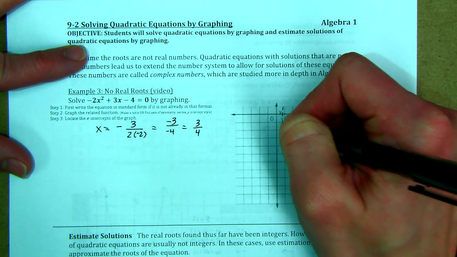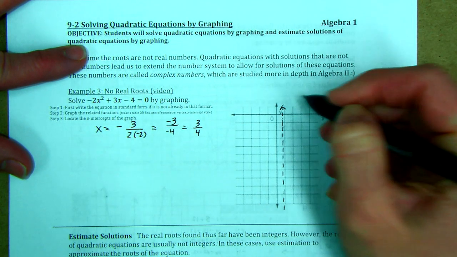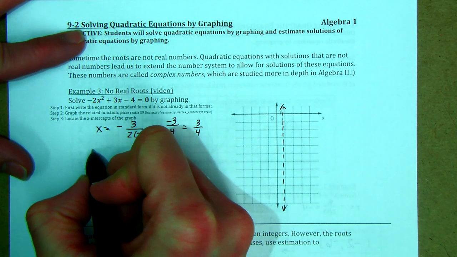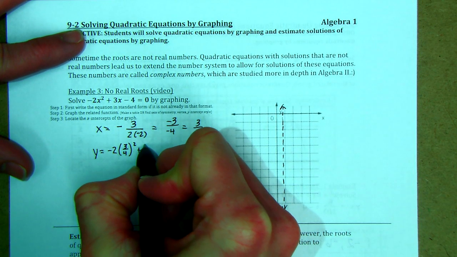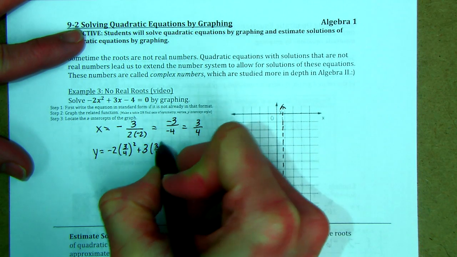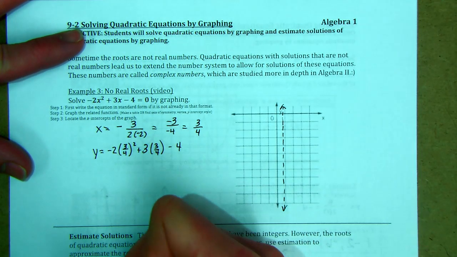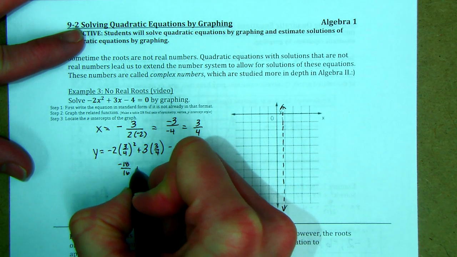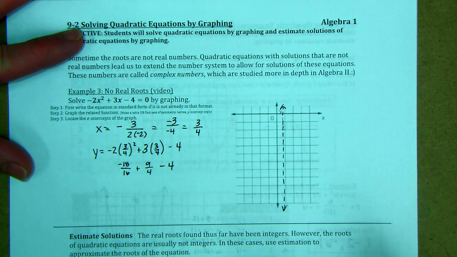Let's find my vertex by plugging in 3/4. So I have y equals negative 2 times 3/4 squared plus 3 times 3/4 minus 4. Well, this is going to be negative 2 times 9/16, so negative 18/16 plus 9/4 minus 4, and I know that makes a lot of you uncomfortable, but this is going to reduce to negative 9/8 plus 9/4 minus 4.